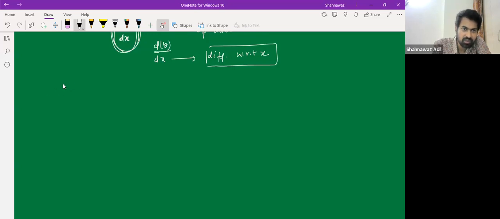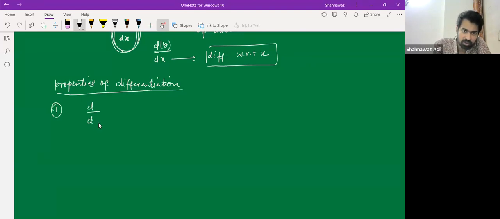So first we learned that if we take the differentiation of y multiplied by some constant, I can take this constant outside and then take the differentiation. This is the first property.